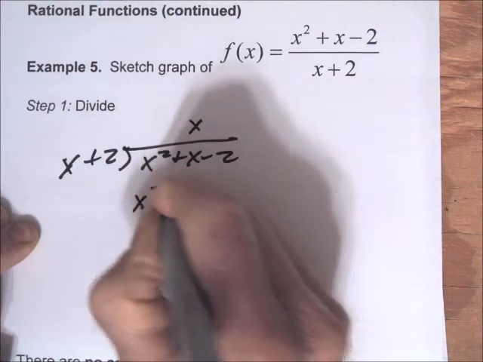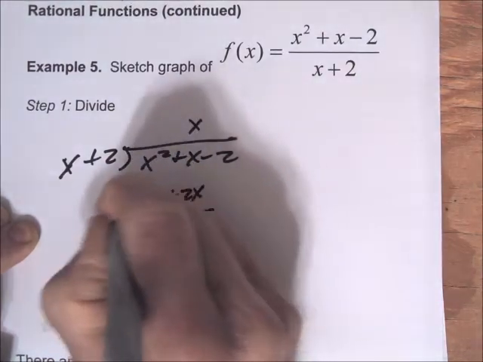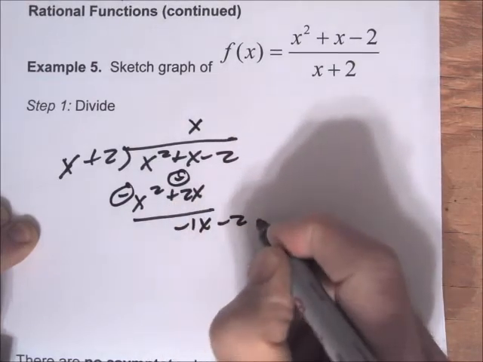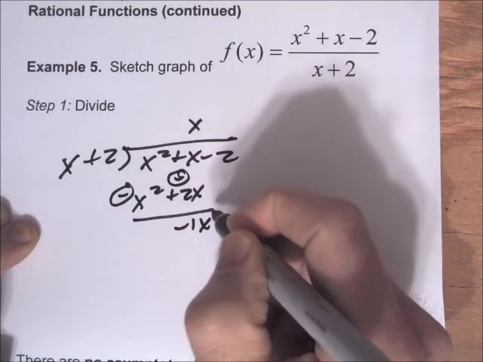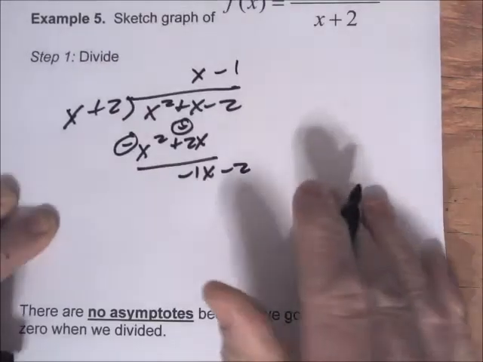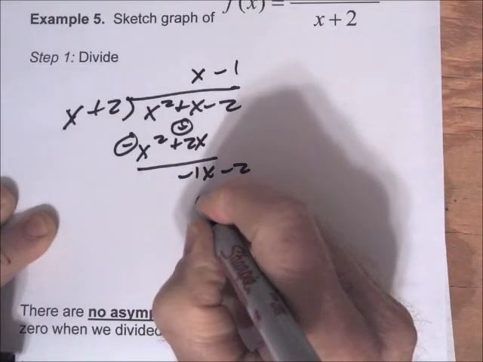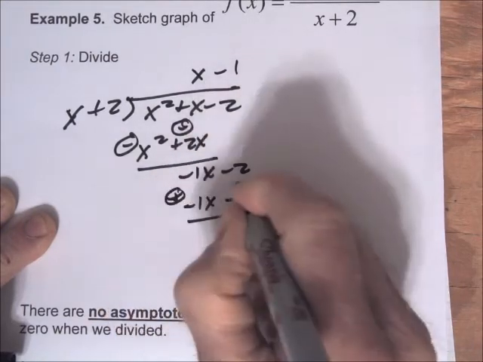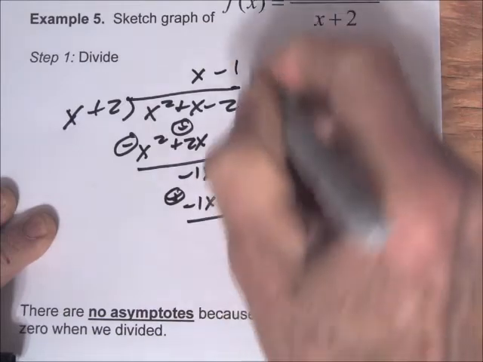You get x squared plus 2x. Draw the line, change the signs, add or subtract like terms according to the sign. You get remainder of negative 1x. Divide again. Negative 1x divided by x is negative 1. Multiply, and you get negative 1x minus 2. Draw the line, change the signs. You get remainder 0. Okay.